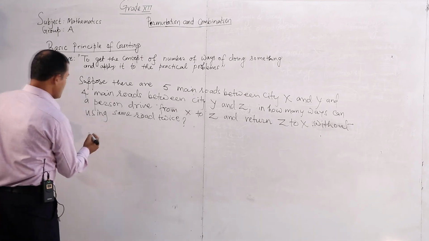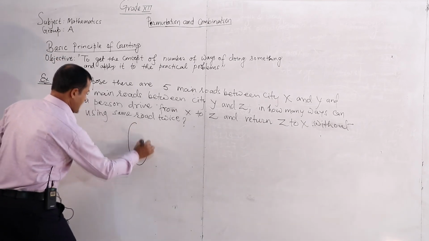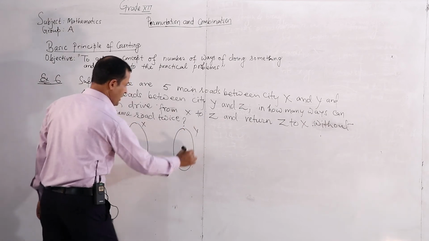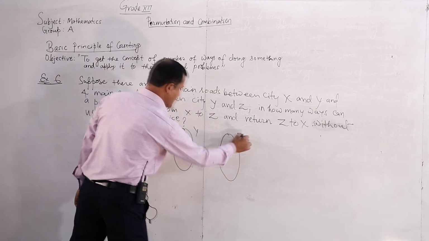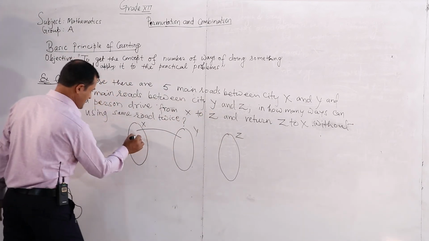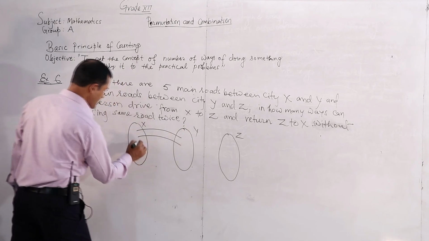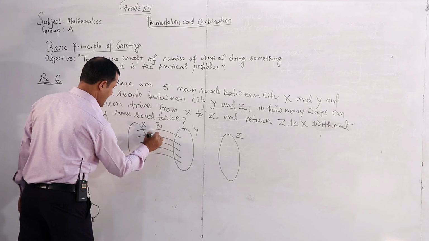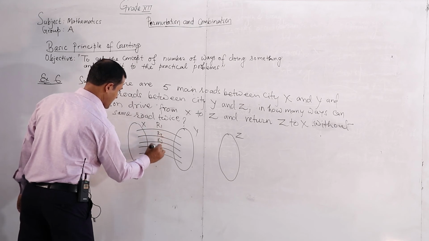Okay, so let's figure it out. City X, city Y, city Z. How many link roads are there between X and Y? 5 roads. Let's call them R1, R2, R3, R4, R5.